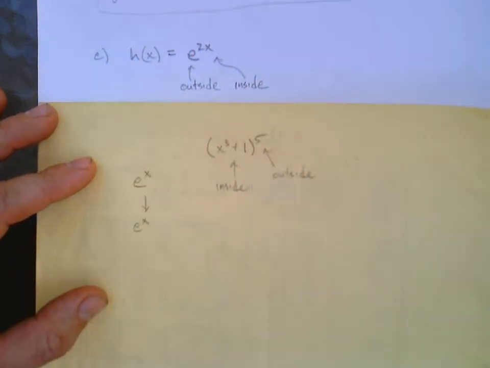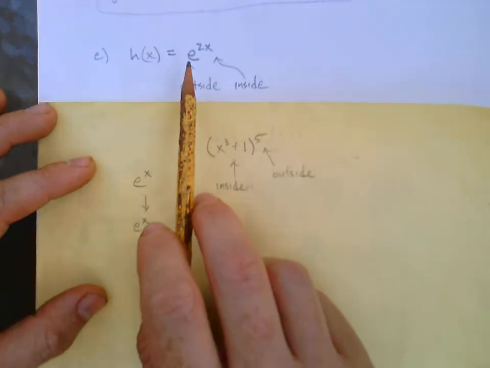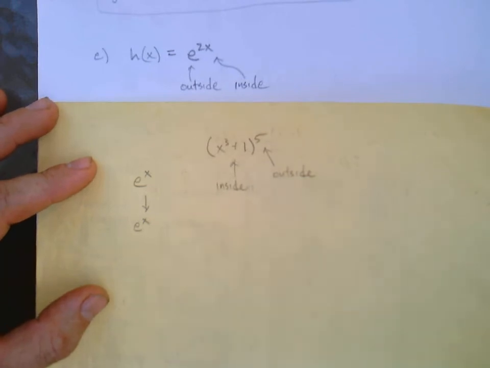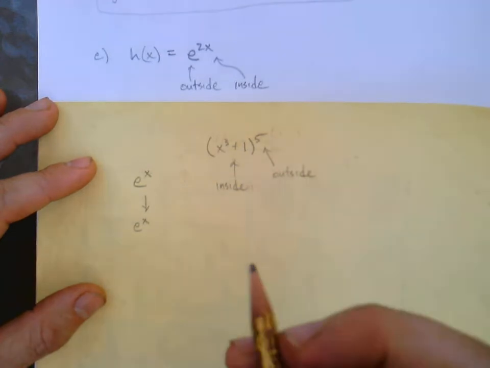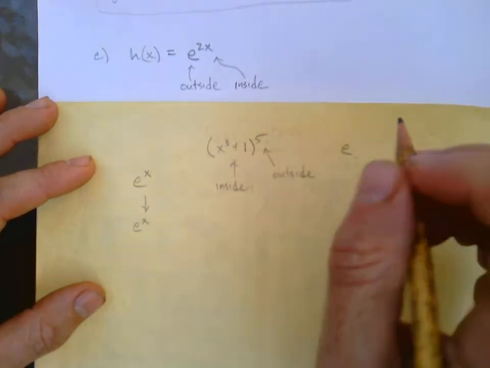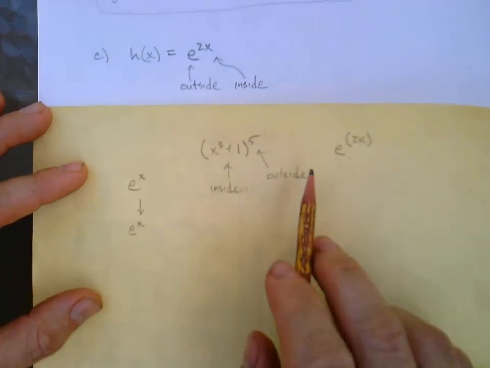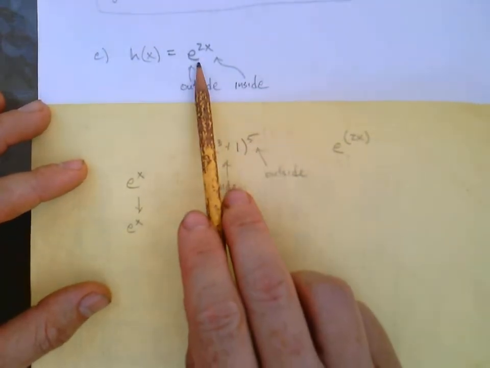It helps to ask where the parentheses would go. Even with the exception of the e, if there were parentheses somewhere, where would they go? It seems kind of weird, but you would put them around that exponent. This would mean the same thing as this.